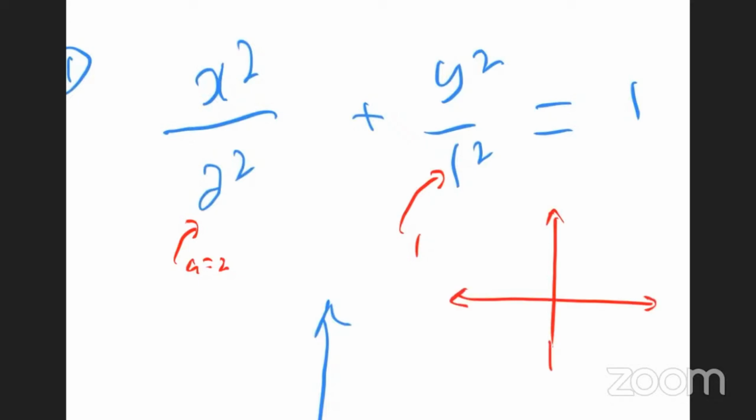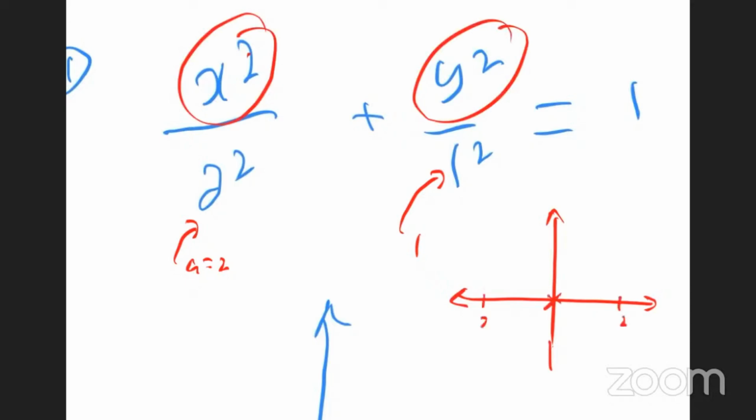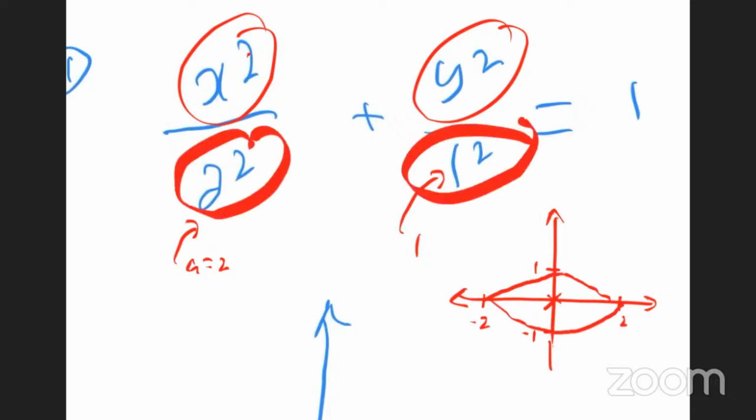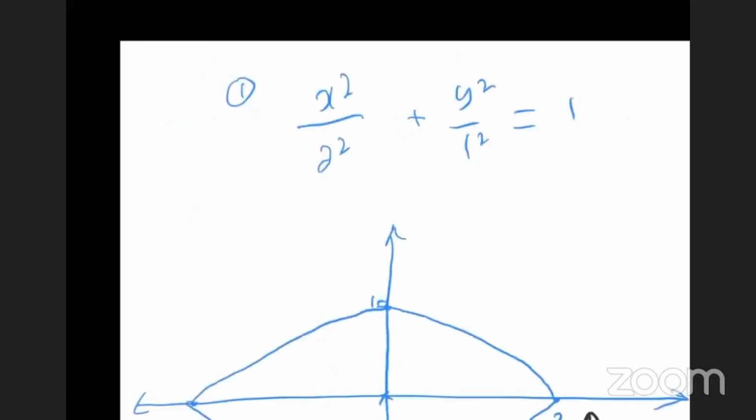You're sketching 2 here because the center is 0, 0. So you're sketching 2 on this side, 2 on this side, 1 on this side, 1 on this side, and then connect it up. That is your ellipse. But the equation must be in this form. Sketch it quick.